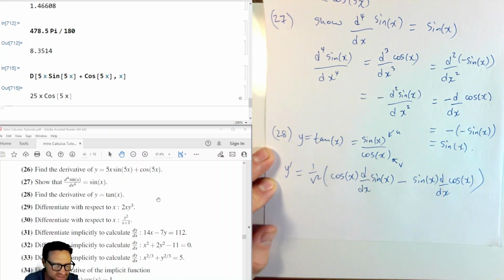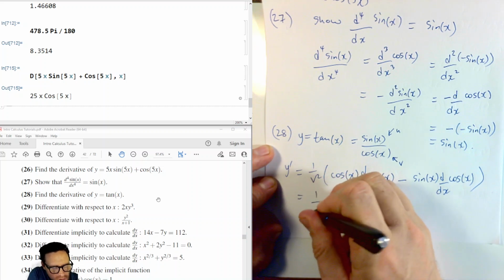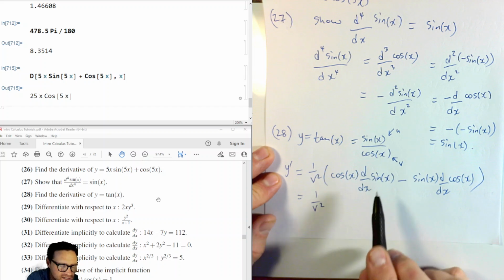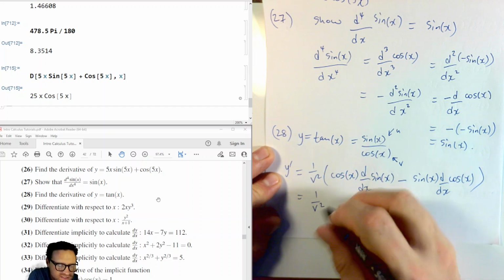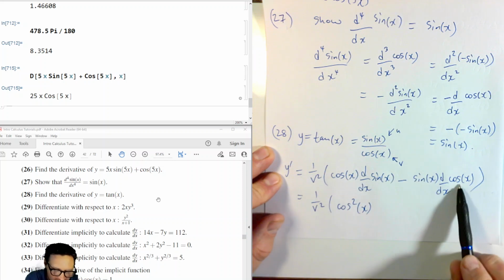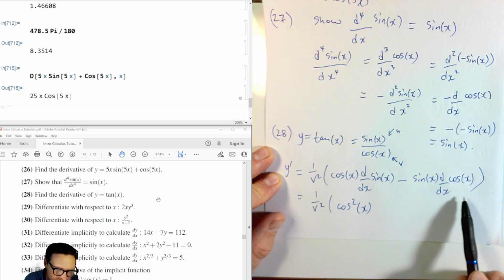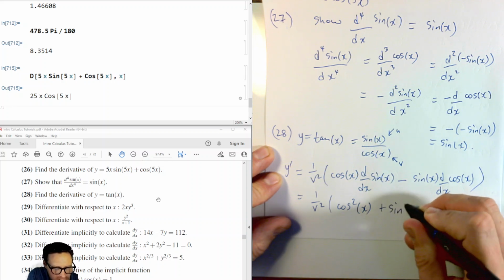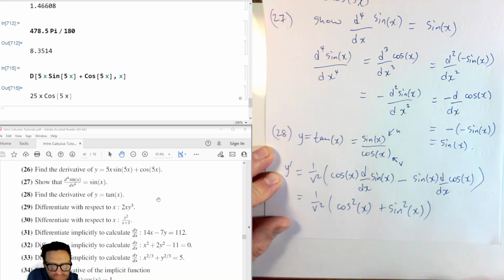Okay, simplifying these two derivatives. So we have 1 on v squared, cos times the derivative of sine. Now the derivative of sine is cos, so this is cos squared x. And the derivative of cos of x is minus sine, but there are two minuses, so that's plus sine squared of x.